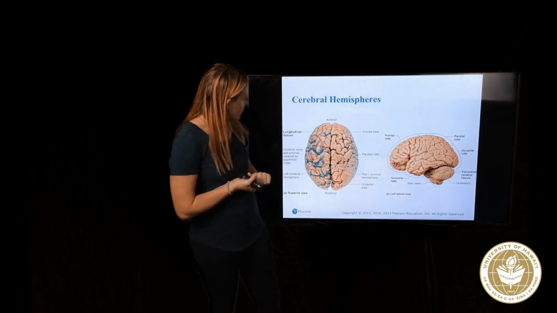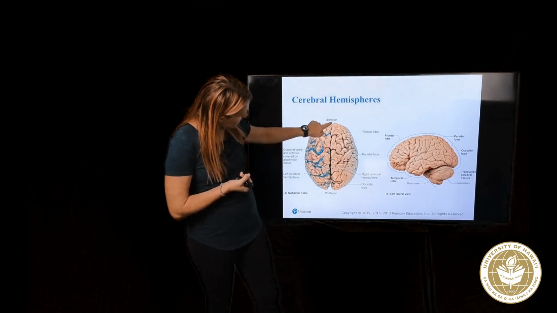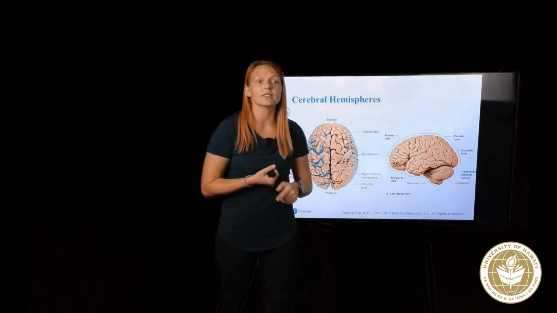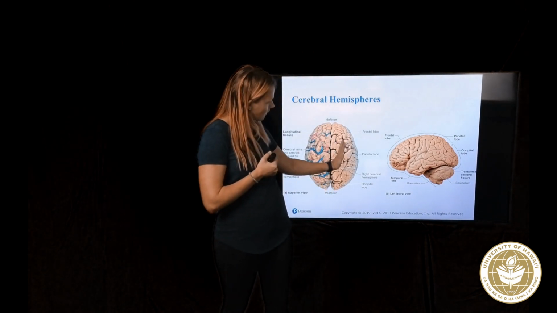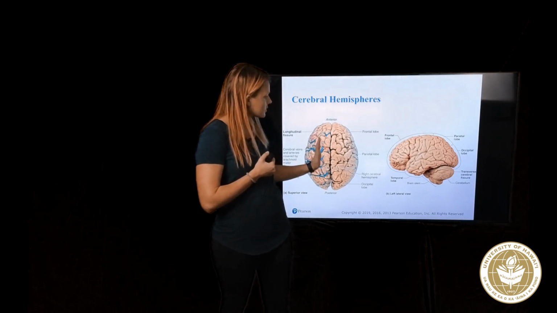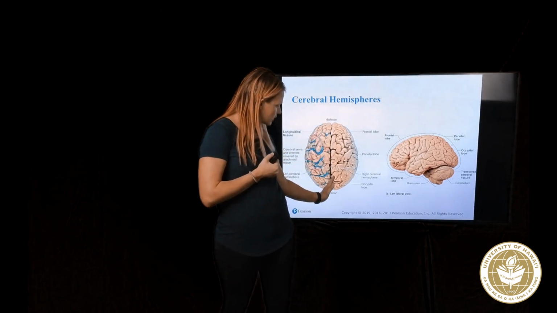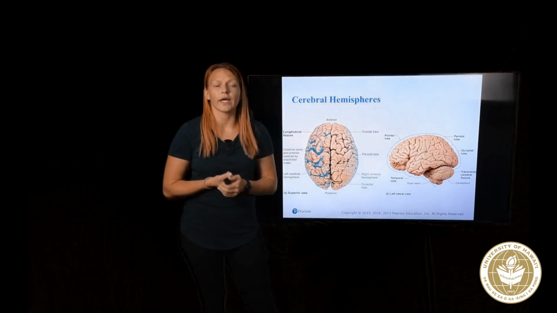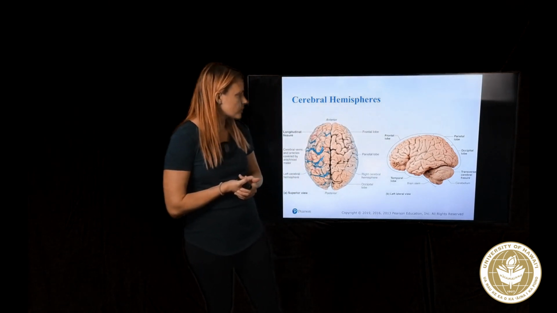You can have longitudinal fissures. So your longitudinal fissure actually is here. So you can see what that longitudinal fissure does is it's going to separate the two hemispheres of the brain, right? So you have two of those cerebral hemispheres. This longitudinal fissure separates them. You also have the transverse cerebral fissure.